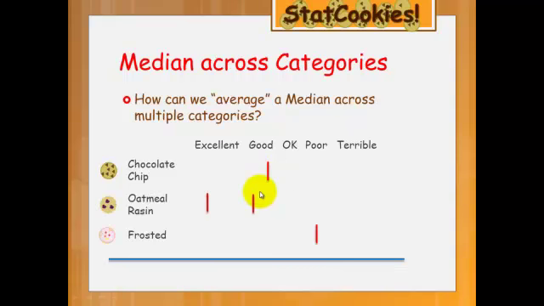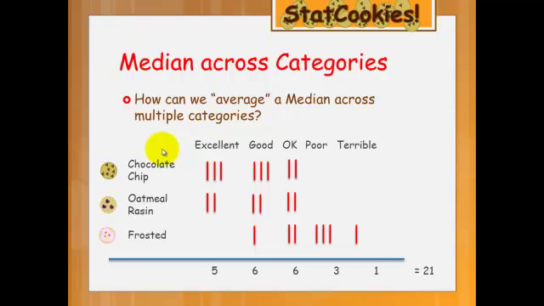I can also do this across categories. So let's suppose I have 3 different kinds of cookies: chocolate chip, oatmeal raisin, and frosted, and what I want to know is what is the median rating across all of these categories of cookies. So again, I take a bunch of samples, I add up the number of each rating to find out how many observations I have.